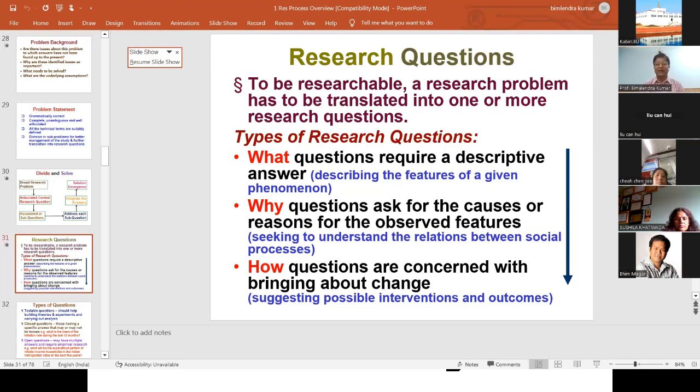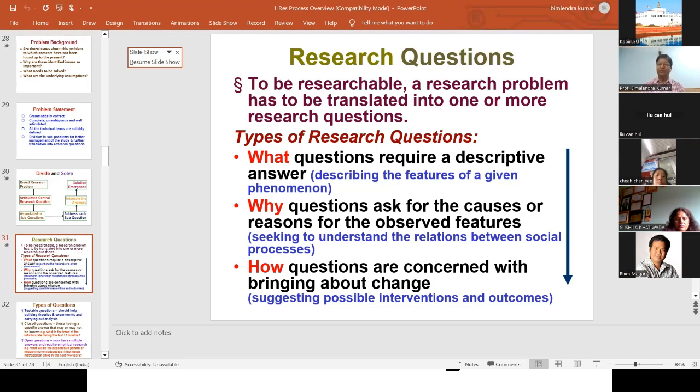Research questions are to be researchable, or the research problem has to be translated into one or more research questions. There are generally three questions asked by a research scholar: why, what, and how things are happening in our day-to-day life.